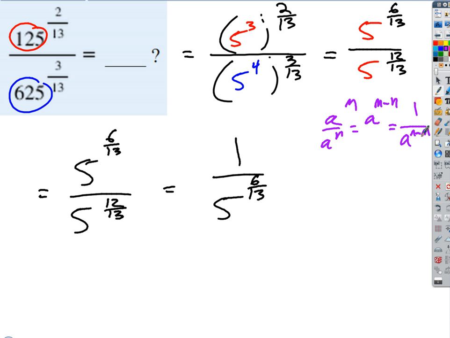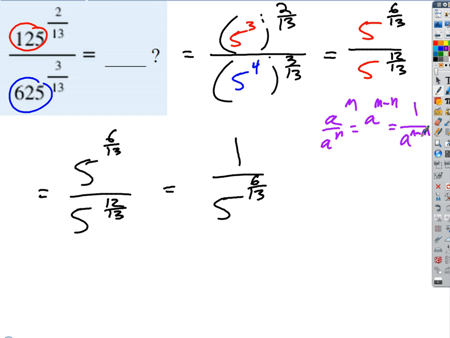Those darn mathematicians, they don't like to have those radicals on the bottom. You've got to rationalize the denominator still. Okay, good. We need to get an integer on the bottom. We can't have a radical, so we'd have to multiply top and bottom by some number of 13ths. That's going to give us an integer exponent on the bottom.